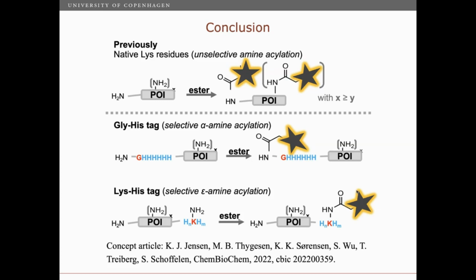And so one more question I found: why does His-tag acylation work with substituted phenyl esters as acylating agent and not NHS esters? Thank you for that question. NHS esters are too reactive.